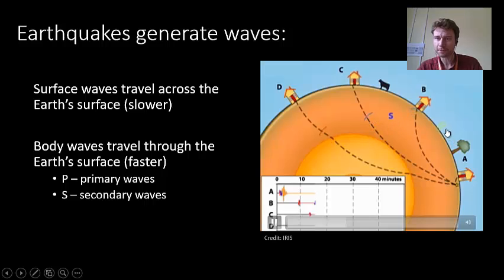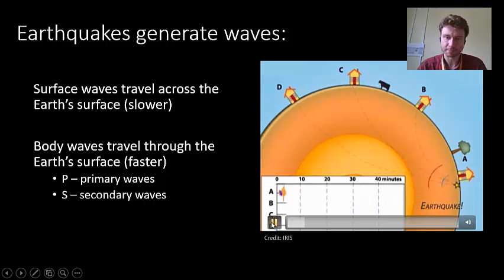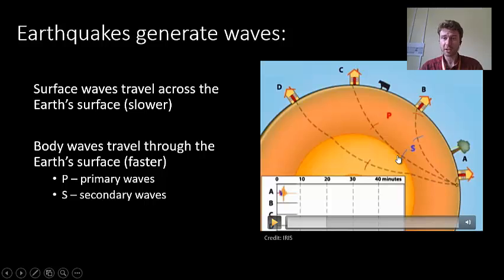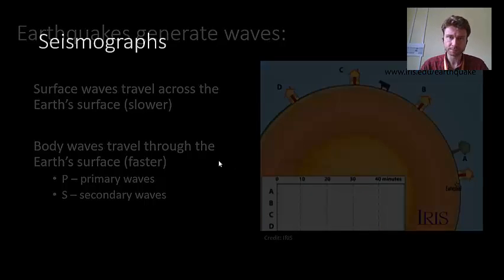And notice again, the further that the surface waves get, the less shaking that occurs, showing this distribution of intensity. So these P waves and S waves that travel through the surface are really important for us to think about when we're looking at earthquakes.